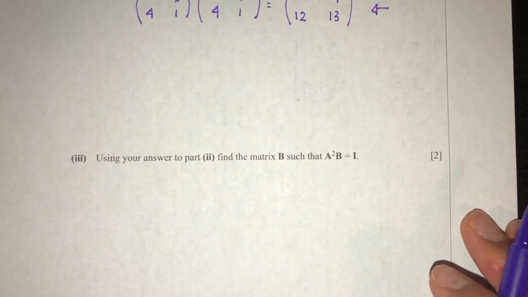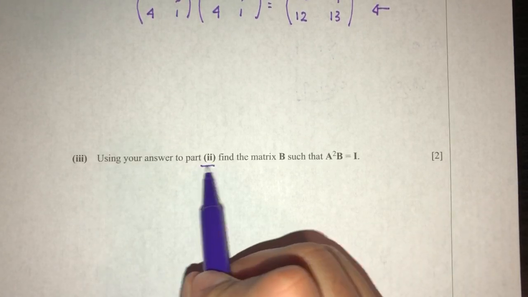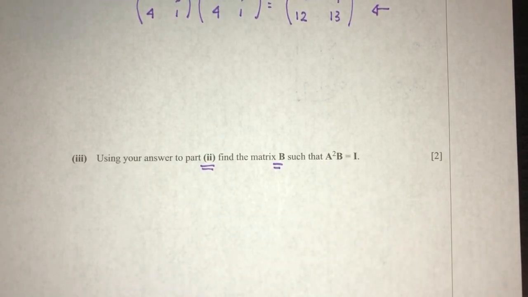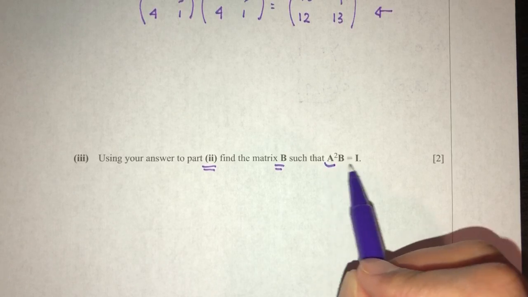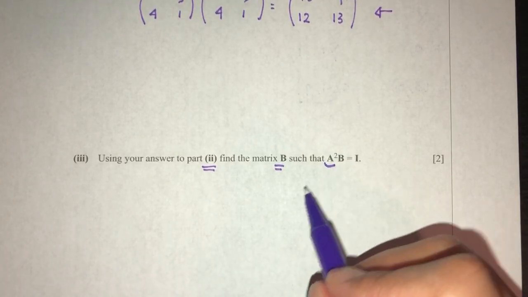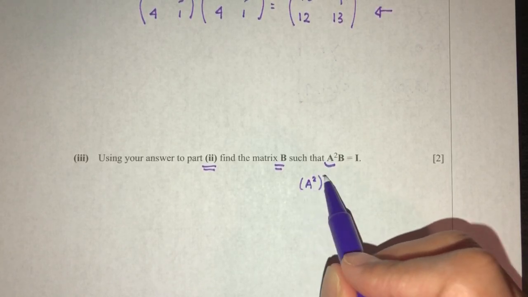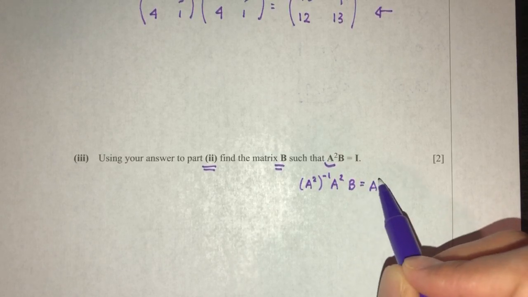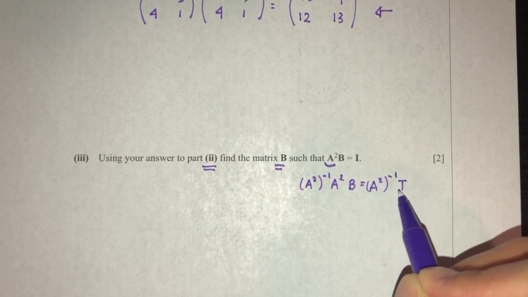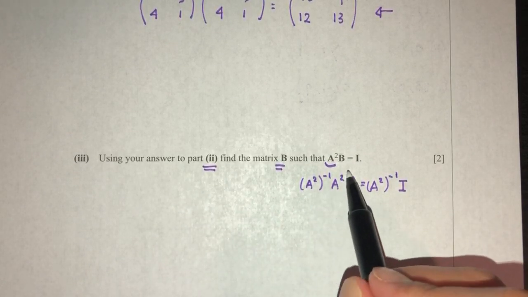Now for part 3, using your answer to part 2, find B such that we have this. So let's see how we can do it here. As you can see, we want to eliminate this value to get the value of B. So we have to pre-multiply this by its inverse so that we can eliminate the value of A squared, so that we can have only B. So A squared inverse multiplied by A squared, they will cancel out.